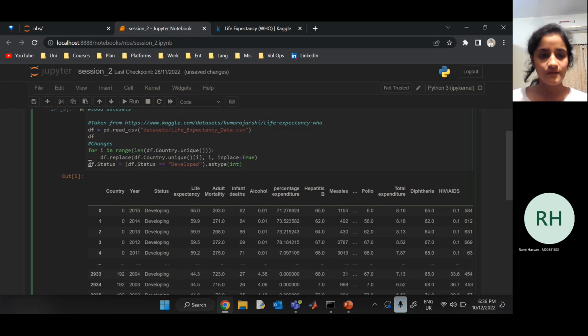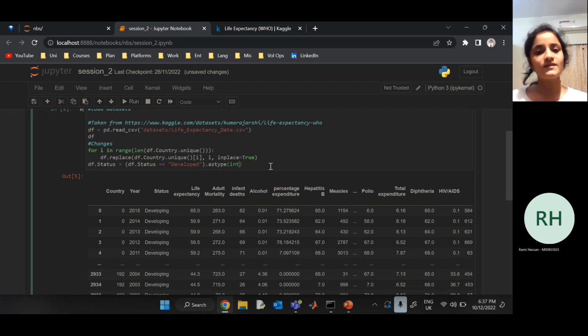Understand the syntax, okay? You're saying df.status is equal to, meaning the change is being done to status, and condition .astype int. What this is going to do is, if the condition in the brackets is true, then it's going to give the integer 1. And if it's not true, it's going to give the integer 0.